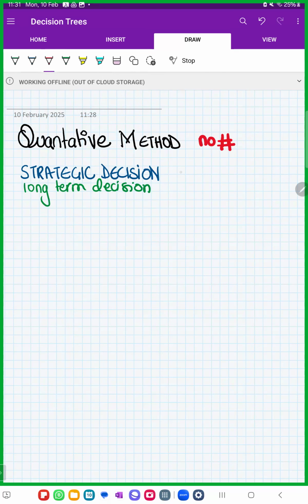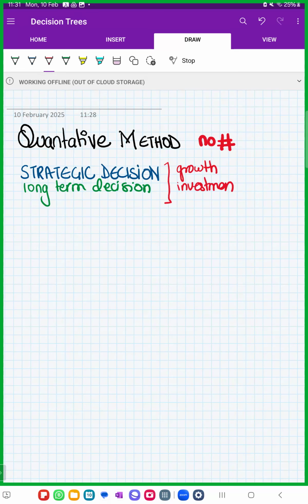Because they cannot be reversed. For example, growth, a major investment, opening a new branch, mergers, takeovers, launching a new product. All of these require a lot of money and a lot of investment. They are core decisions that cannot be reversed.